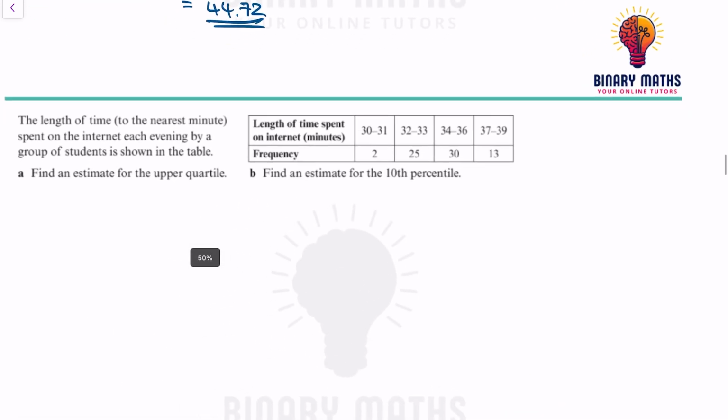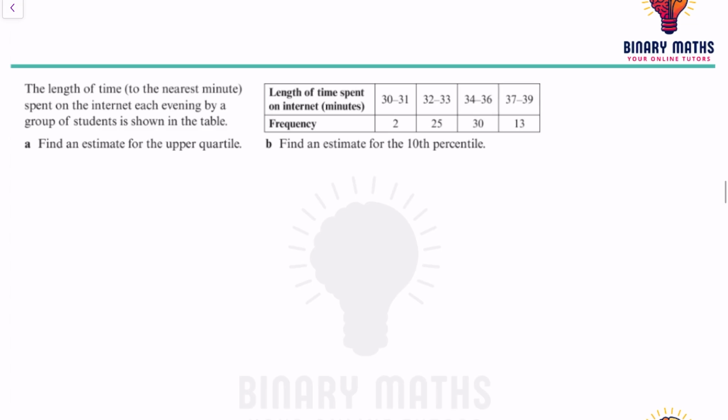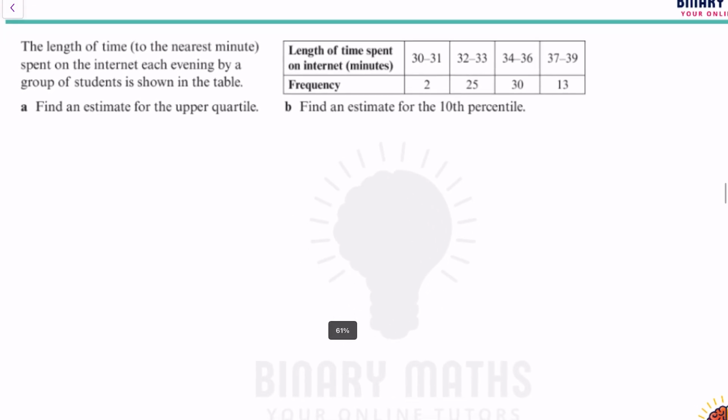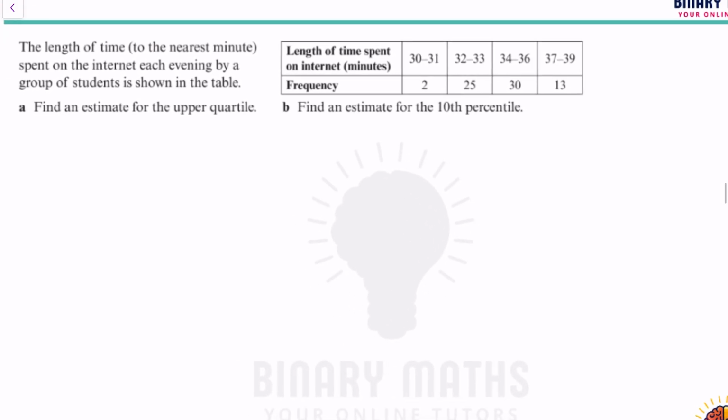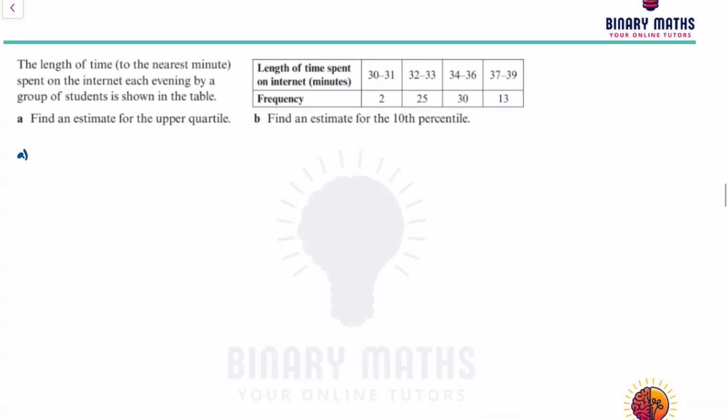Okay, next question. The length of time to the nearest minute spent on the internet each evening by a group of students is shown in the table. Find an estimate for the upper quartile. Okay, upper quartile is Q3. So first thing I need to do is work out the total.